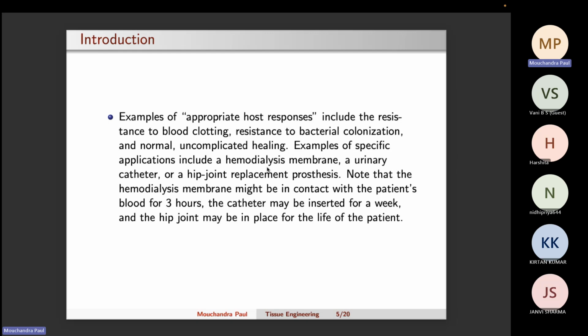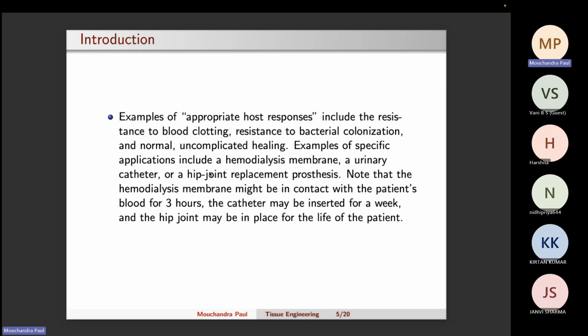Take the hemodialysis membrane I just talked about: it should resist blood clotting. Then the urinary catheters used in patients who cannot go to the washroom by themselves, so catheters are attached to their bladder. The material used to make these catheters should resist colonization of bacteria, so that the patient does not become septic.